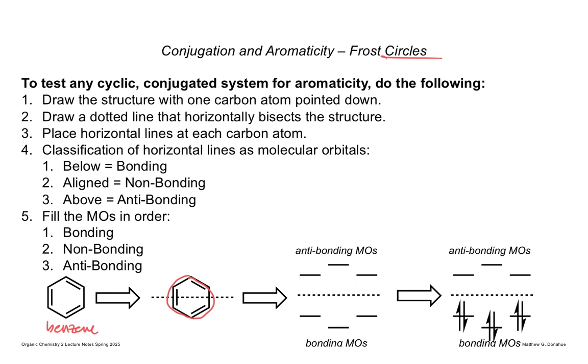When we cut the molecule in half, that's the non-bonding line. Notice that nothing lies on that line. So we just have the bonding below and then the anti-bonding above. And then we're going to shove the 6 electrons into the bonding orbitals. So you do the lowest energy first, and then you spin pair them.